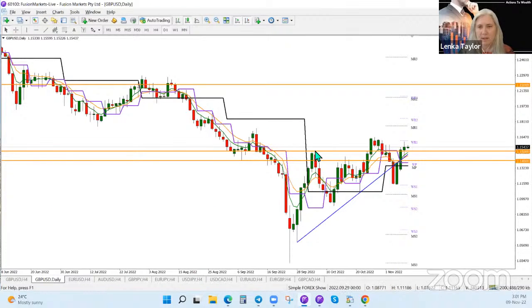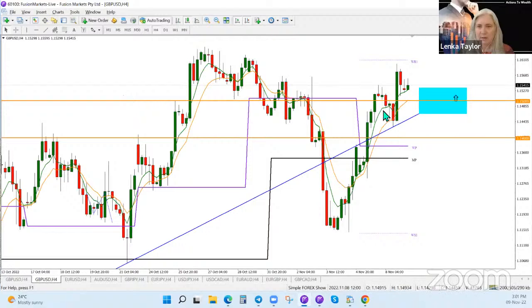Here we already had a high and a low and a higher high. We also had a higher low. So now looking at opportunities to go long. On the 4-hourly, we're already a little bit too high.